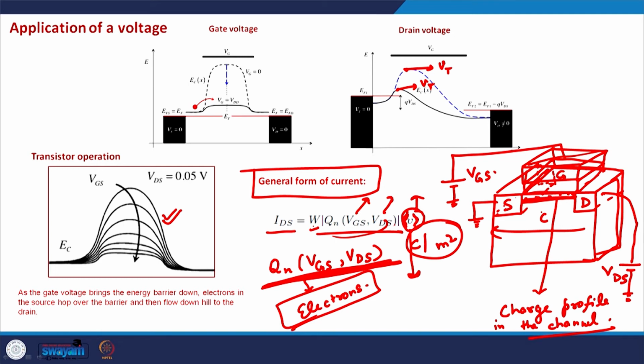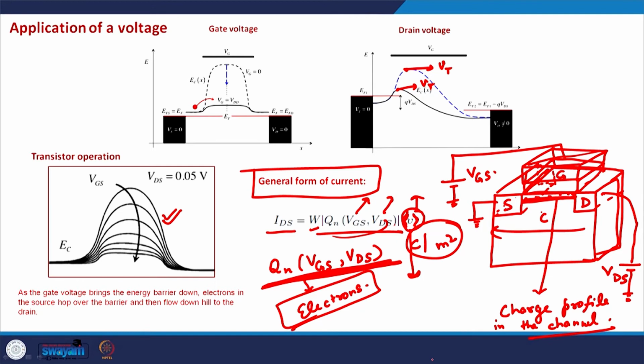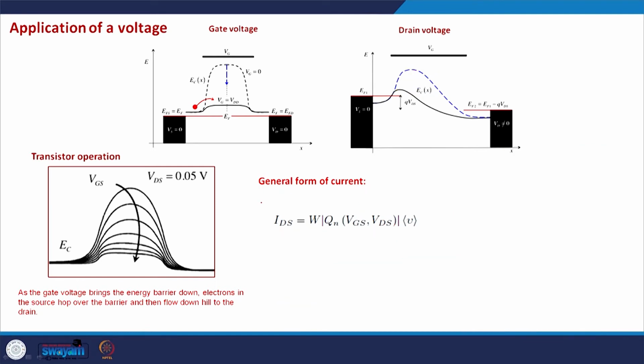In any device, if we have a charge density and we know how fast it is moving, the current will be given by the multiplication of the charge density with the velocity, multiplied by the width. So this is a very general form of the current in the MOSFET, given as the multiplication of the charge density and the velocity at which the charge carriers are getting eliminated from the system.